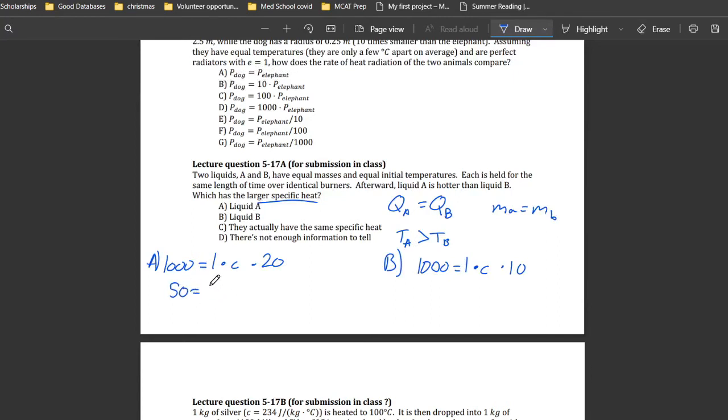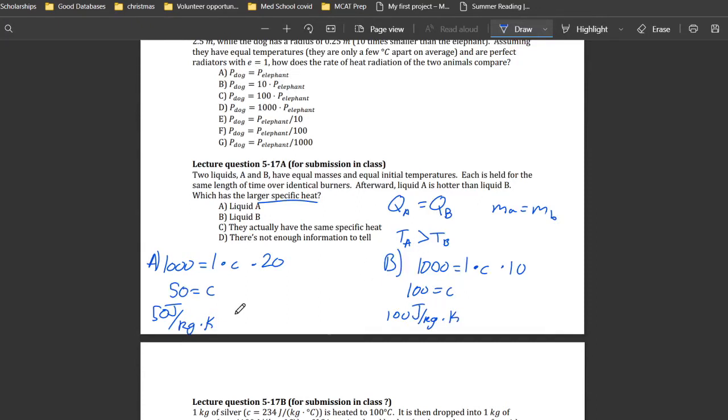50 equals C. So that would be, writing out all the units, 50 joules divided by kilograms times Kelvin. Whereas in answer choice B, when solving for C, we get 100 equals C. So 100 joules divided by kilograms times Kelvin.